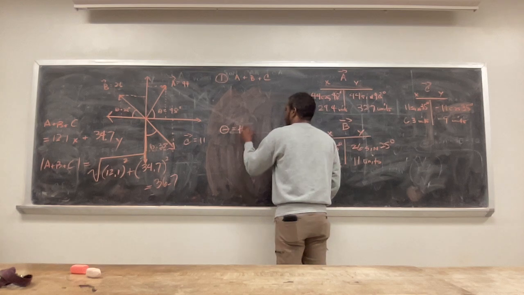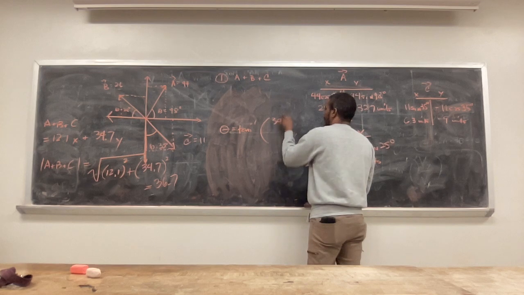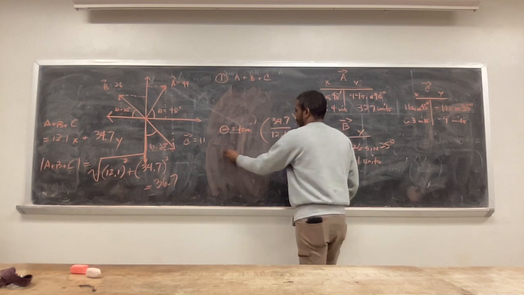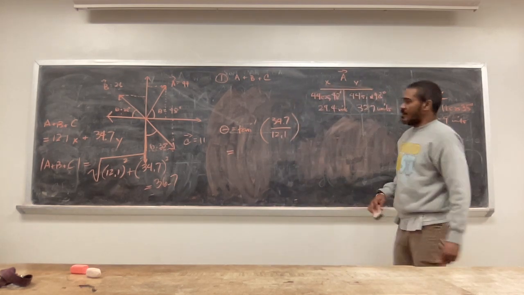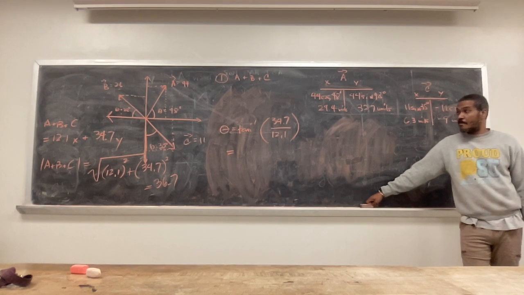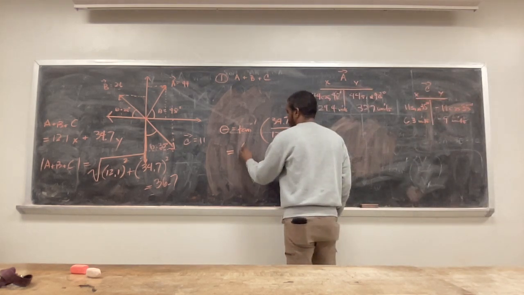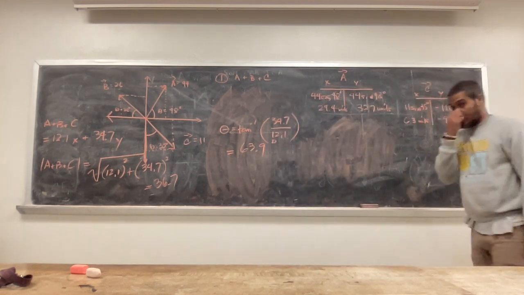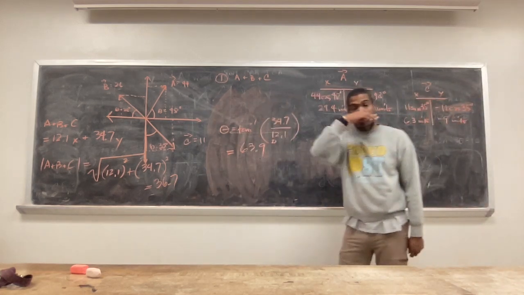Y over X. Y is 34.7 over X is 12.1. What's my direction? 63.9 degrees. All right, so we got a magnitude and a direction for our resultant vector.